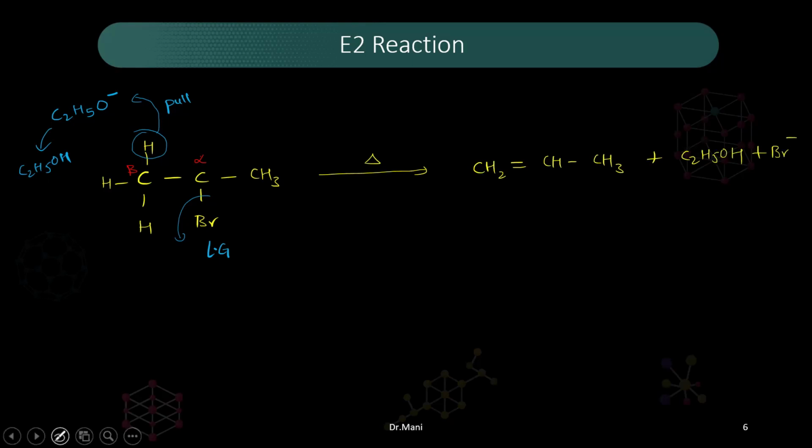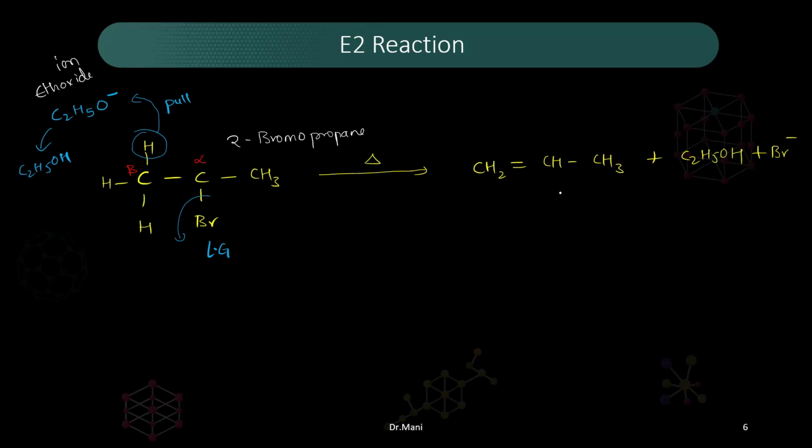Understood? So tell me the names here. What is this molecule called? The bromine is on the second carbon and it's a 3-carbon chain. Come on guys, name it. Second bromine on the propane, so 2-bromopropane. And what is this called? Ethoxide ion.